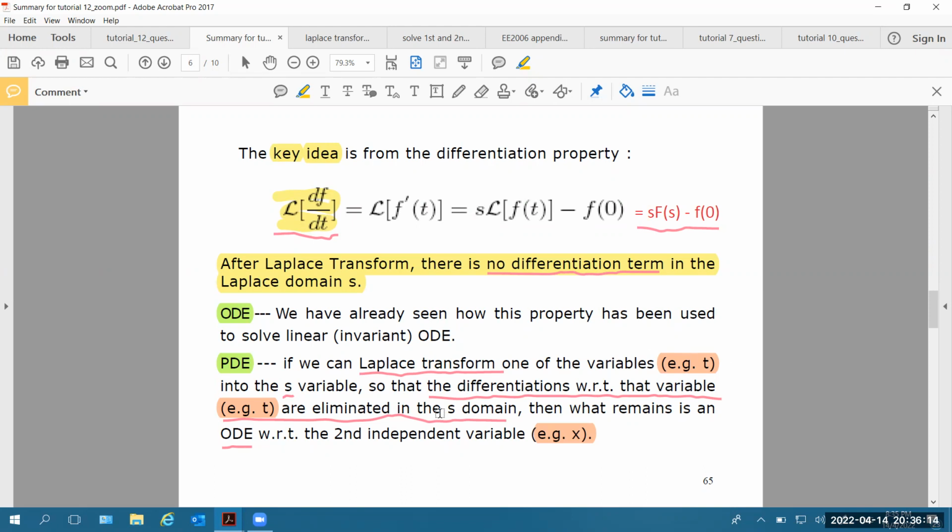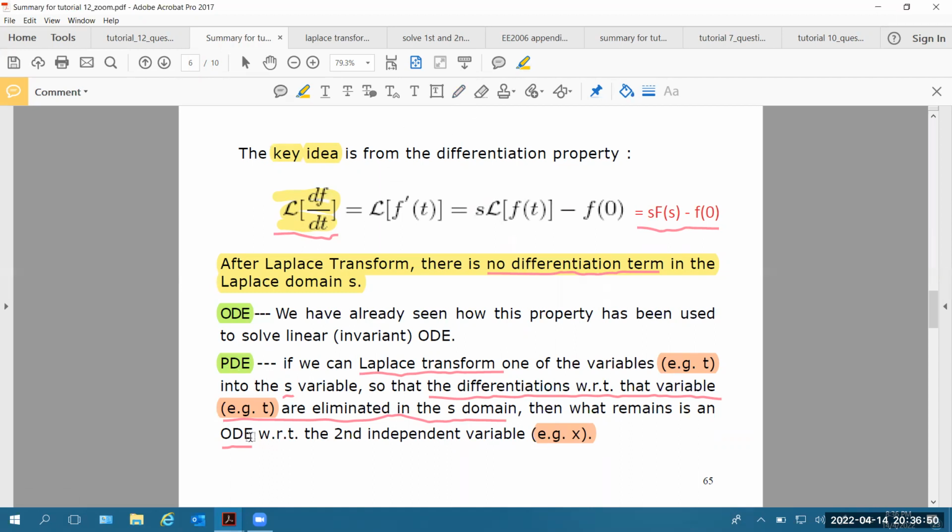You still have another independent variable, which may have derivatives, but that's okay, because what remains is an ordinary differential equation with respect to the other independent variable, for example x. Then you can just solve it like an ODE. That's the point: after your Laplace transform, you're hoping that you can transform the PDE into an ODE.